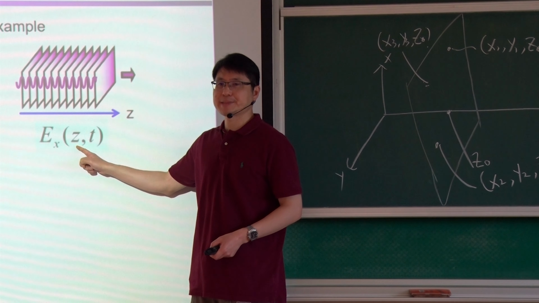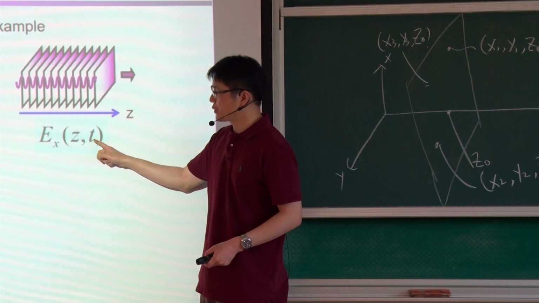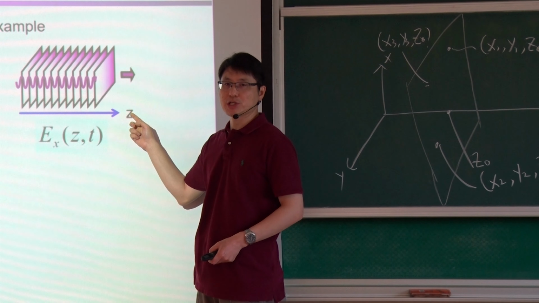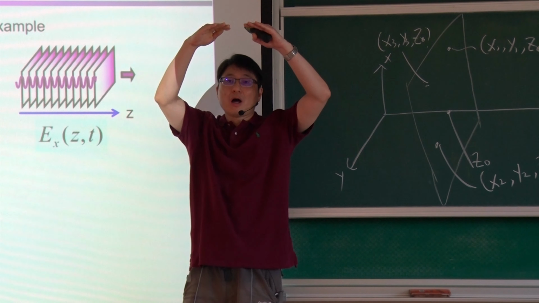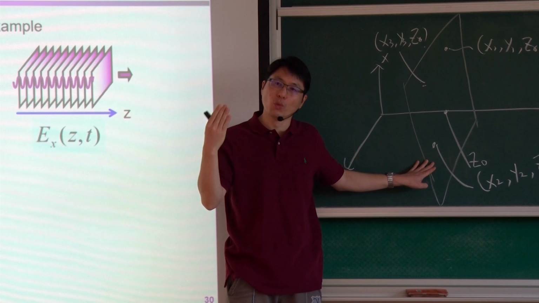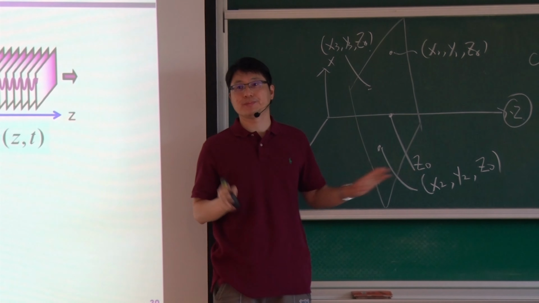You only have one spatial coordinate that is varying. Of course you have the time variation, but once you have defined its propagation direction, then all these points change in the same way as you change its z value. Okay?